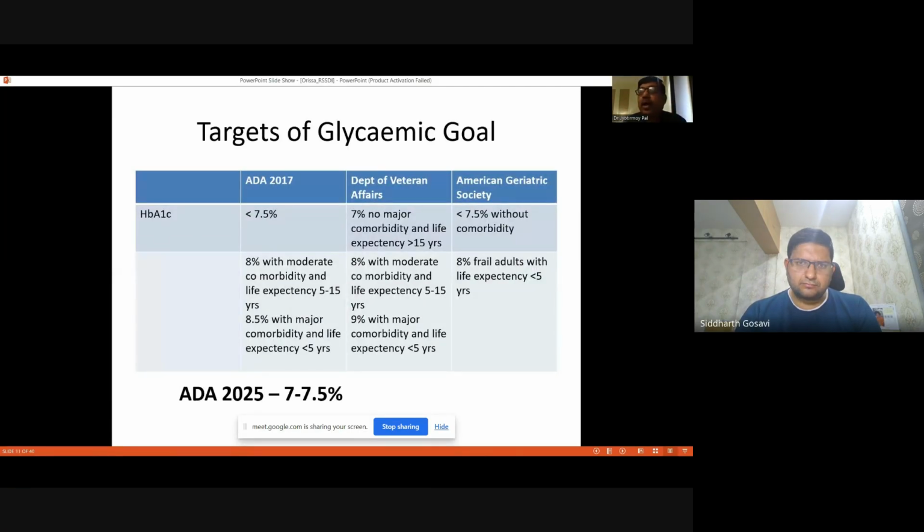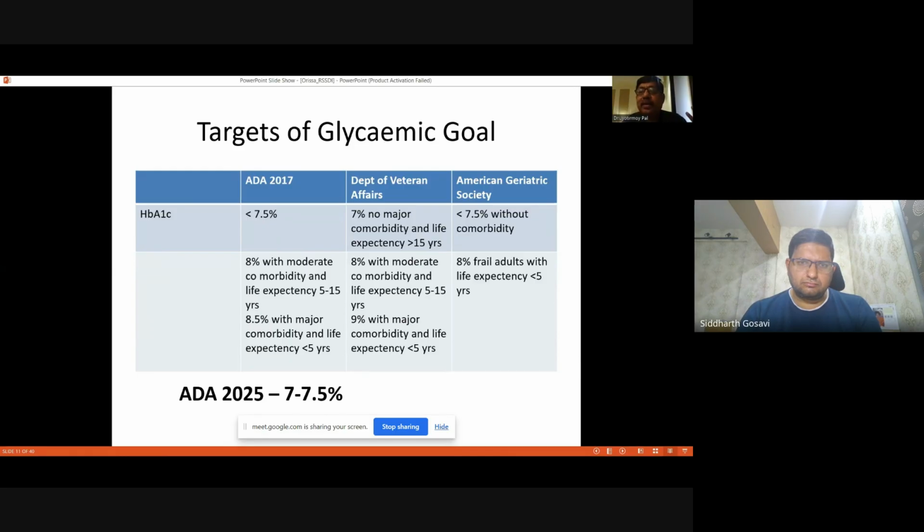How much blood sugar control is required in a diabetic patient? The previous guideline was 7.5. In the elderly population, very strict control is not required because of the issue of hypoglycemia that I will come to later on. In the elderly population, hypoglycemia is very dangerous.